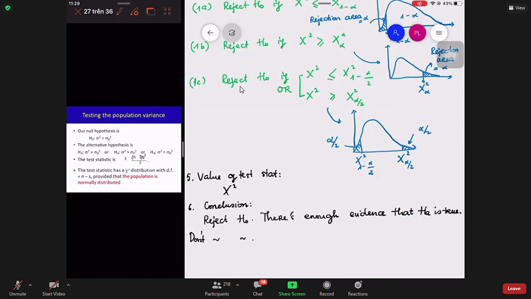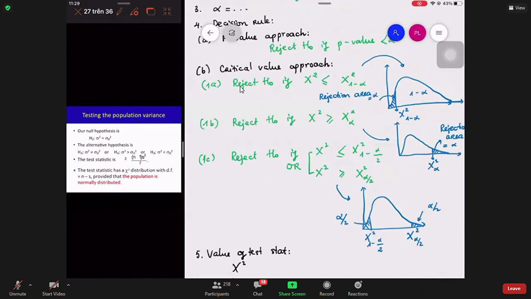And if we cannot reject H0, it means there is not enough evidence. Okay. So these are all the steps for the hypothesis testing here for the population variance. All right. So you can see the whole step here.